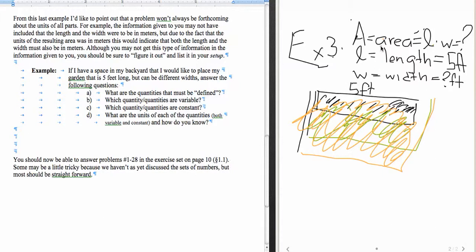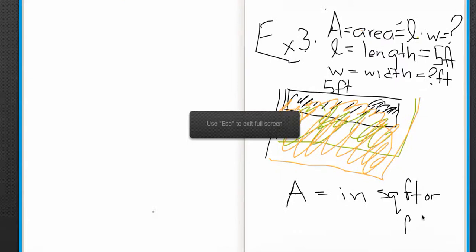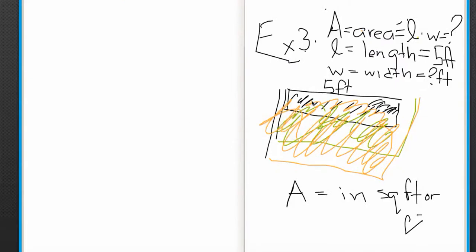Now, we know that our area is going to be our length times our width, which means that our area is going to be in square feet. Another way of saying that is feet squared, like that.